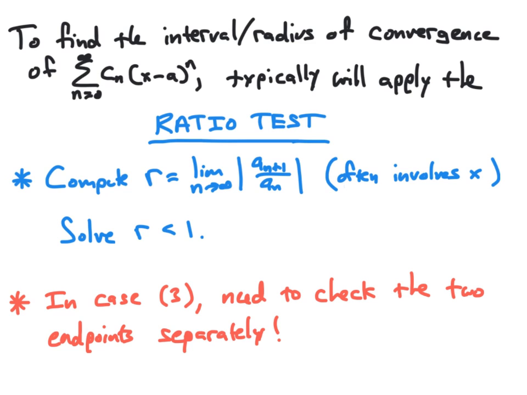It won't be a power series anymore because there will no longer be a variable. We'll have a series with a term involving just constants, and we can use all of the various convergence tests, such as the limit comparison test, or the root test, or the integral test, to determine whether that series converges or diverges at that particular value of x.